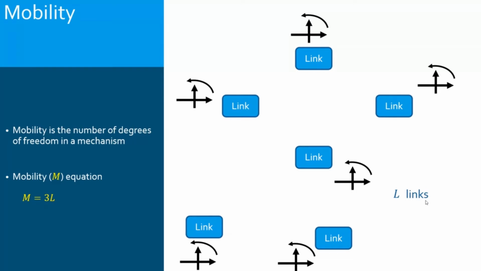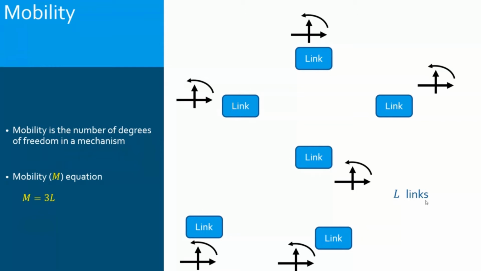The available degrees of freedom is 3 times L. Okay. So it's a kind of stock. Like in a bank, you have your account and you save your money there. So what is saved here as degrees of freedom in a mechanism is 3 times L.